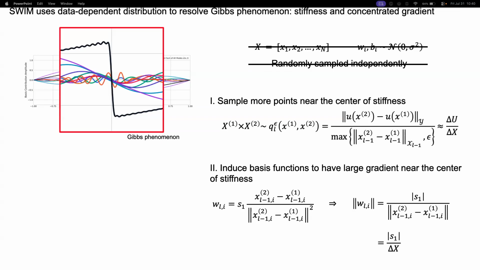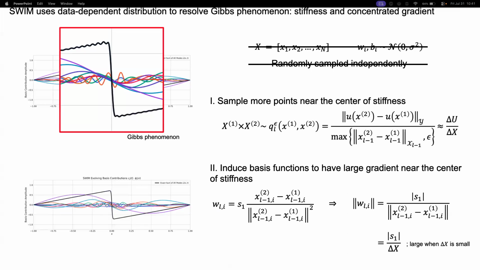Since S is just a constant, and the denominator is just delta x, and we sample a lot of points near the center of the steepness, the delta x must be small. So actually this w, the weight, became large.